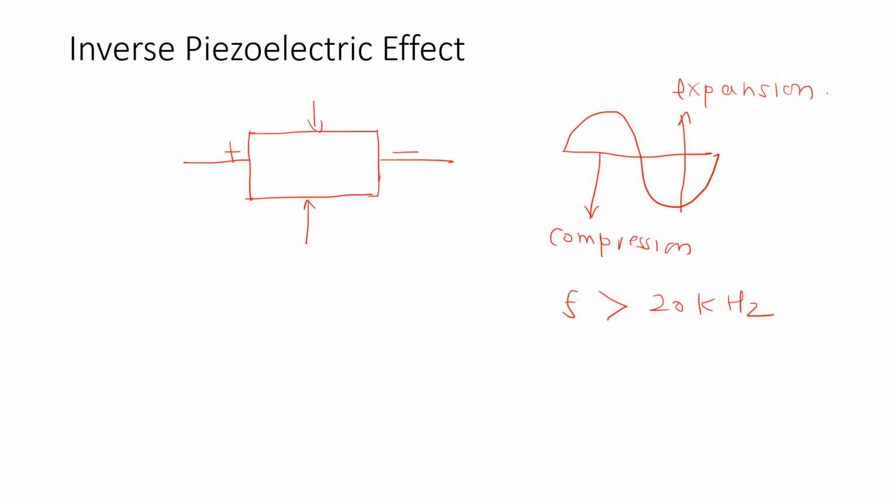As a result, the air which is at the ends of this piezoelectric plate will vibrate with the same frequency. And these vibrations in air, with a frequency equal to the applied electric field which is in ultrasonic range, will produce ultrasonic waves.